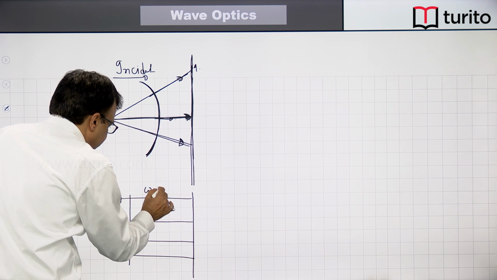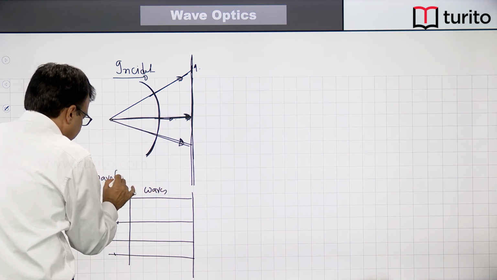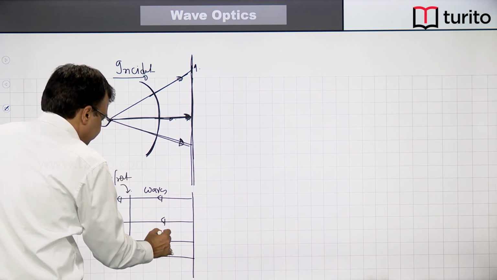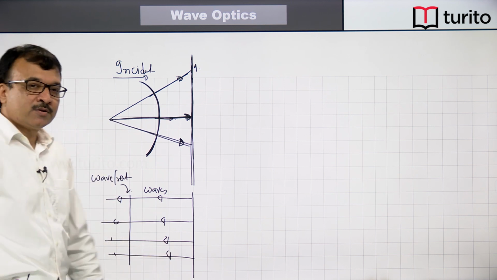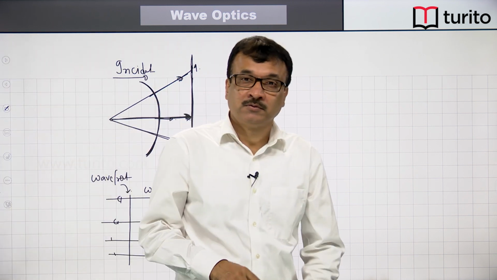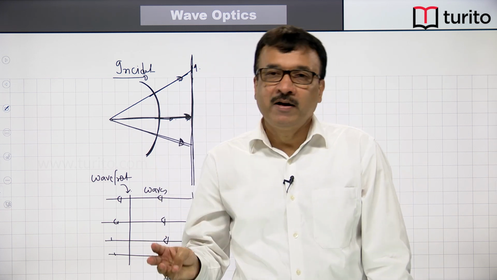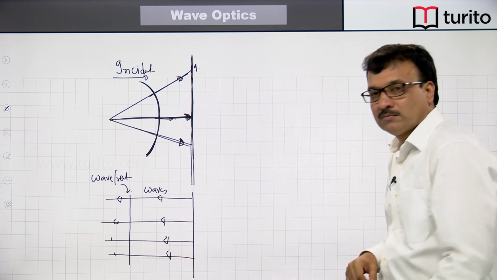These are the waves and this is the wavefront and these are the waves. Okay. So what kind of mirror, out of plane mirror, convex mirror or concave mirror, can do this?